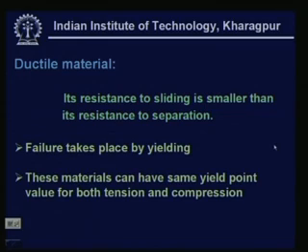Whether it will be yielding or fracture largely depends upon the type of material you choose for the design. In that way we classify materials, as you have read earlier, into the ductile material, which we will take up shortly, and the brittle material.